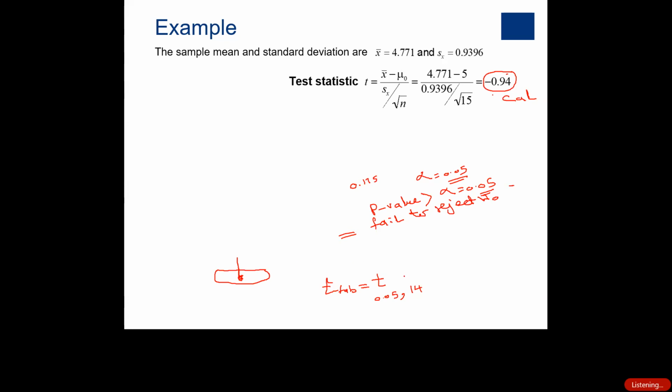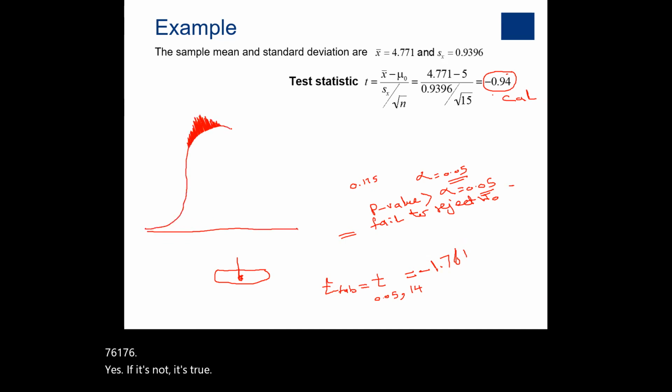Okay, this value from the table is equal to minus 1.761. So if H naught is true, the critical value is supposed to be minus 1.761.